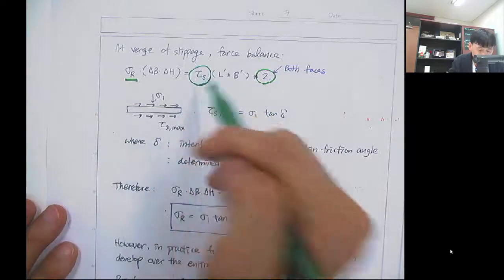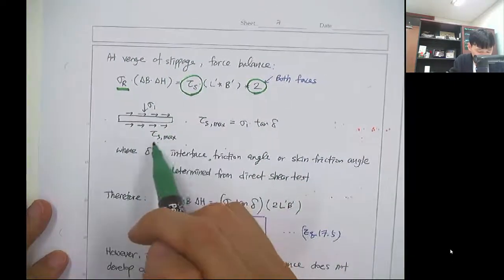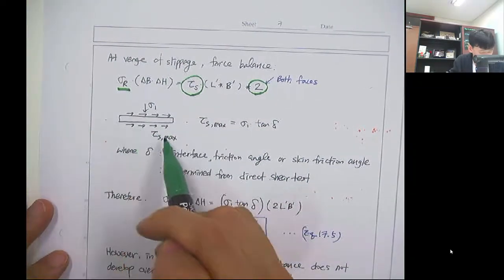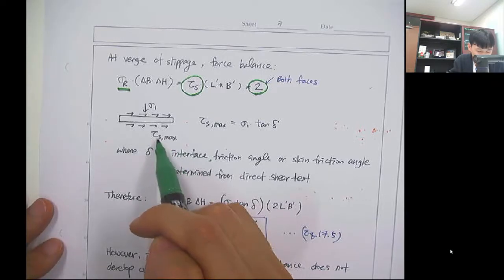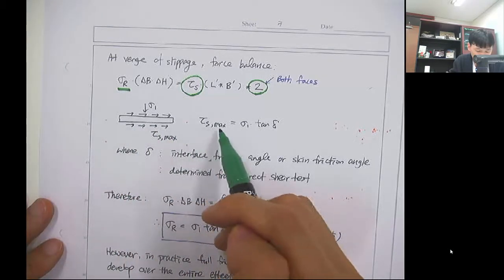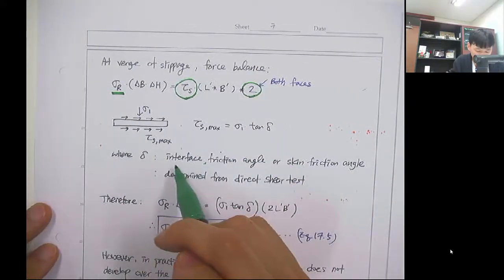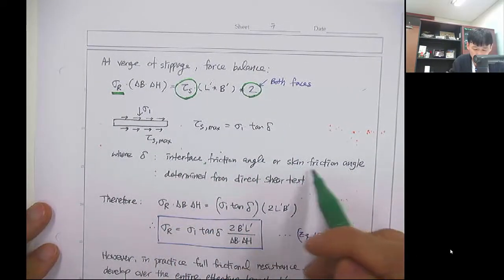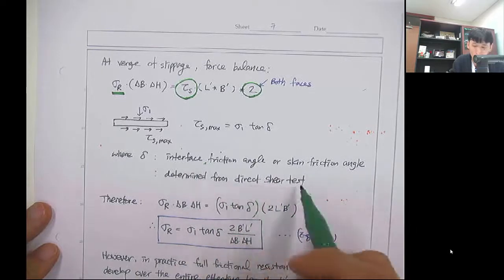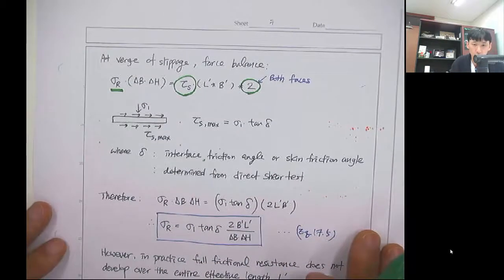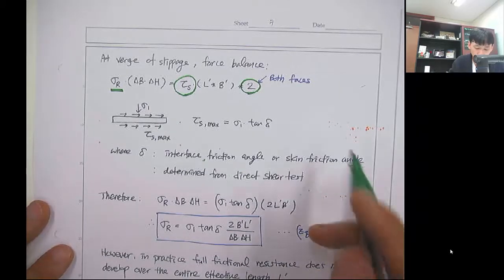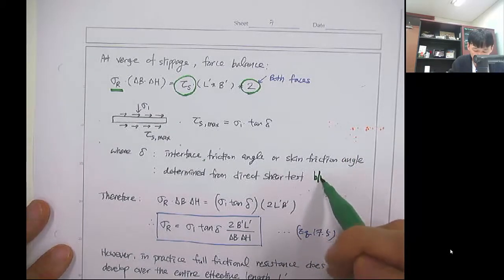And tau s is the shear stress resulting from the friction at the interface. So tau s is the sigma 1 times tangent delta. And here delta is the interfacial friction angle or skin friction angle determined from the direct shear test between the strip reinforcement material and the soil.